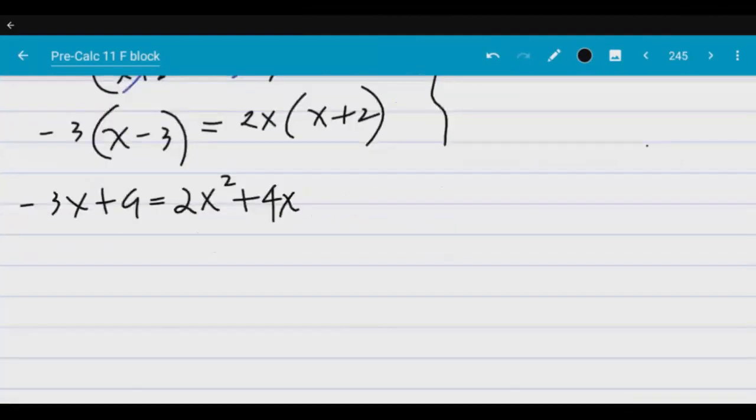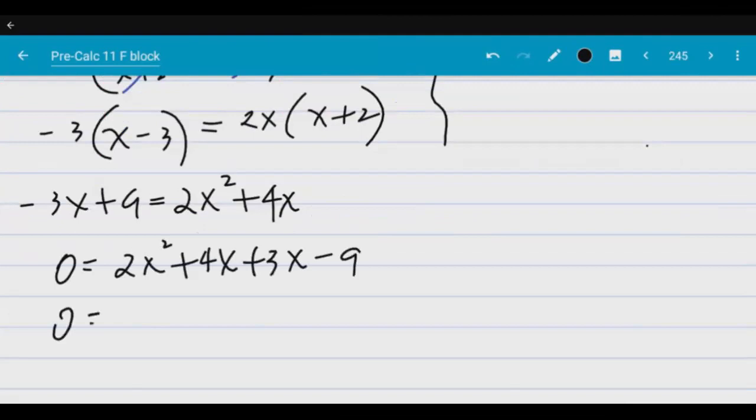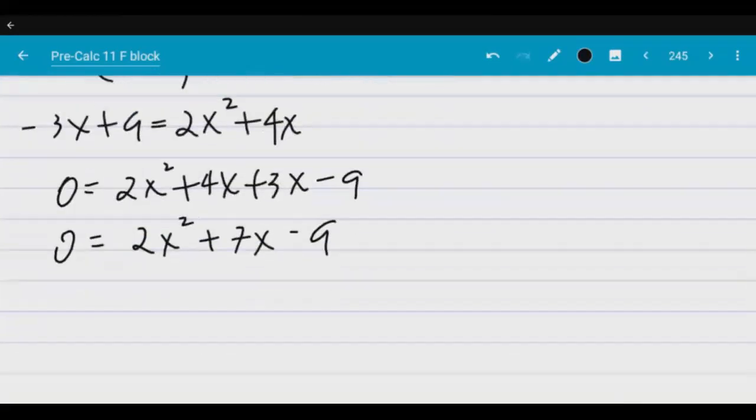Looks like we have another quadratic. So get everything on one side. 0 equals 2x squared plus 4x plus 3x minus 9. Or 0 equals 2x squared plus 7x minus 9. I think that's factorable, right? How do you factor this? That would be 2x here, x here.